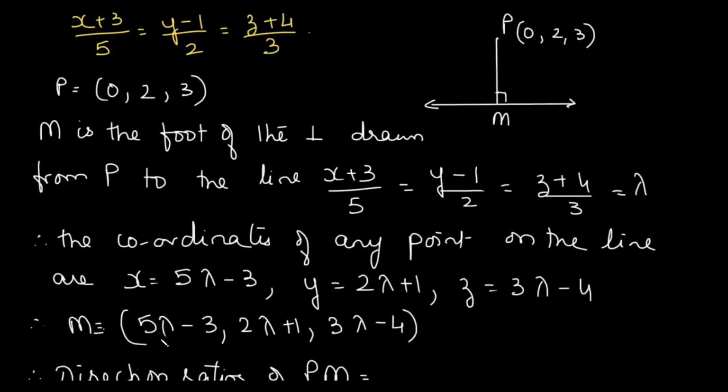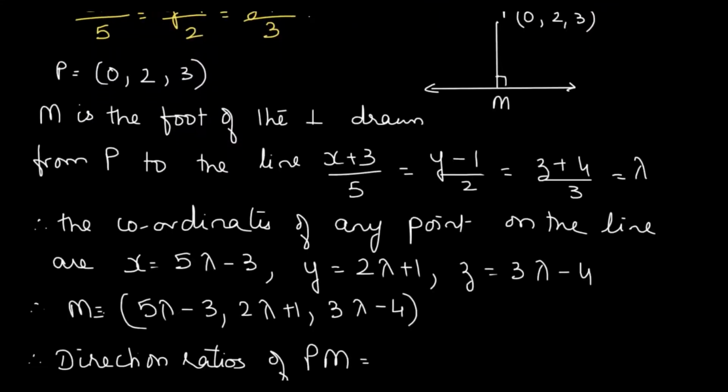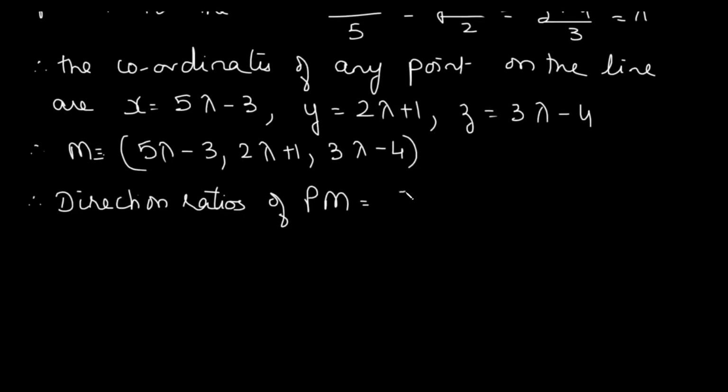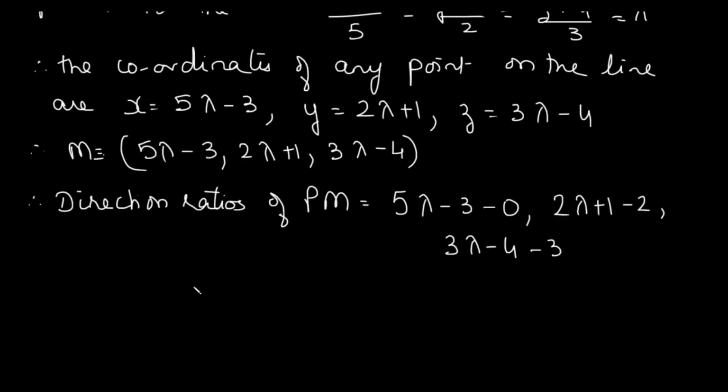The coordinates of M are 5 lambda minus 3 and the other two coordinates given here. And so the direction ratios of PM become the coordinates of M minus the coordinates of P, as you know very well. So we get 5 lambda minus 3 minus 0, and similarly the second one, 2 lambda plus 1 minus 2, and the third one becomes 3 lambda minus 4 minus 3. So these are the direction ratios of PM.